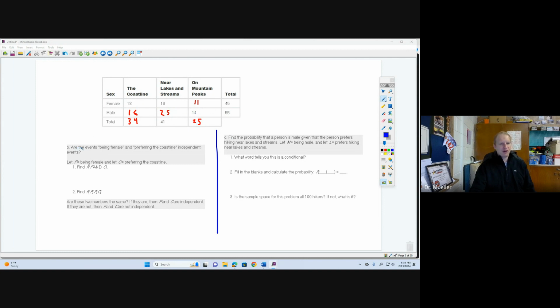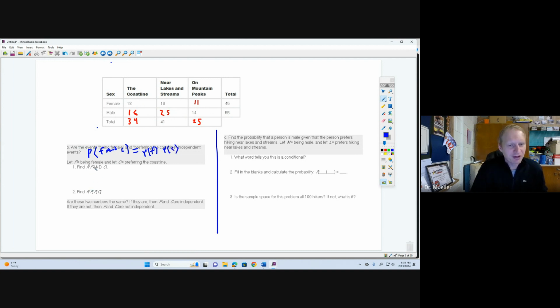Okay. So are the events of being female and preferring the coastline independent events? So we're going to go ahead and answer that question using these steps. To test whether or not events are independent, we can check to see if the probability of F and C is equal to the probability of F times the probability of C. And that's what these steps are trying to get me to do here.